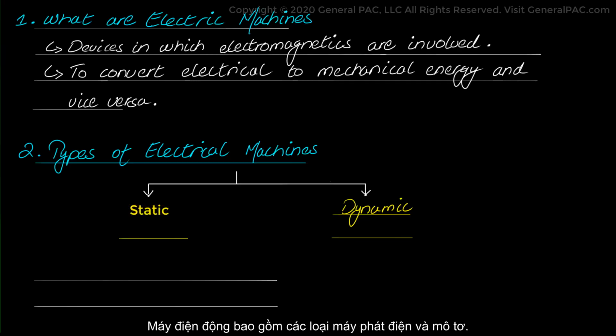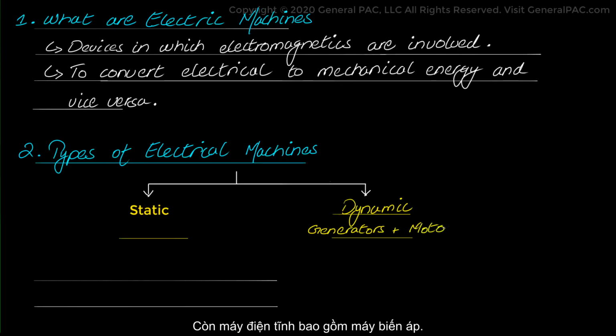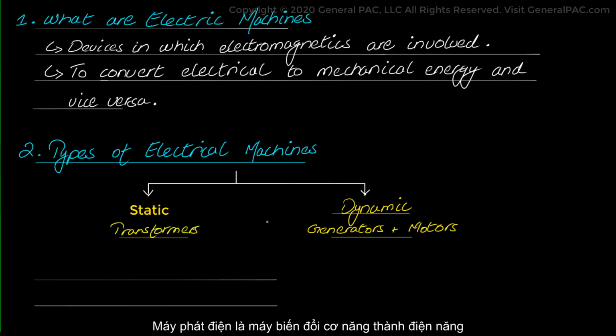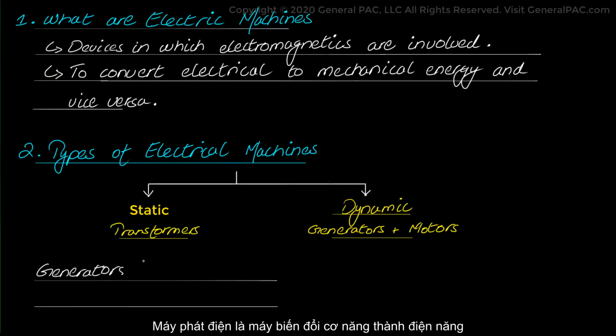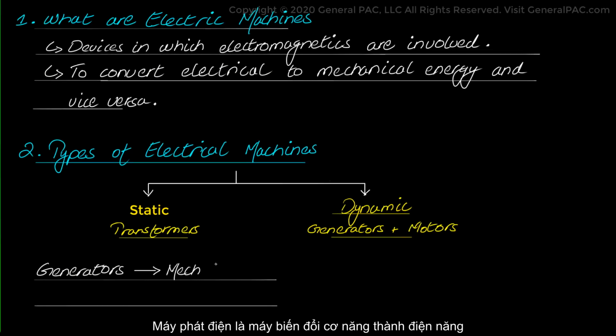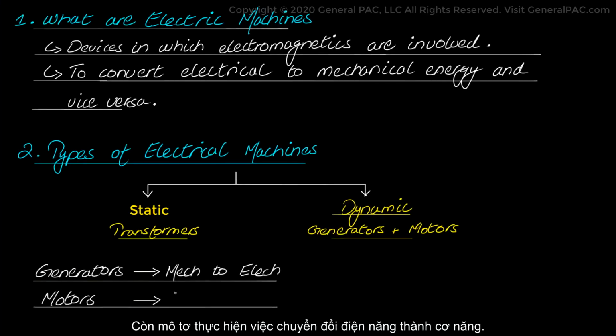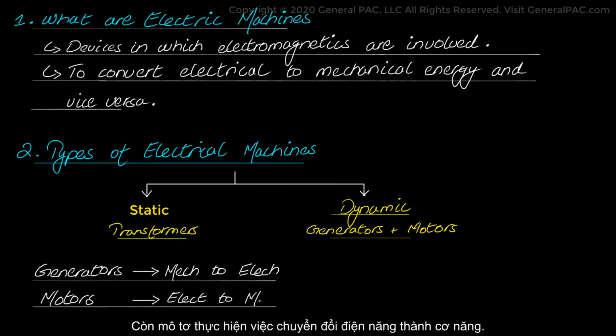So the dynamic machines include our typical generators and motors, and on the other hand, static machines include transformers. Now, generators are machines which convert mechanical energy to electrical energy, and motors perform the task of converting the electrical energy to mechanical energy. This is the basic principle, and we all know this.